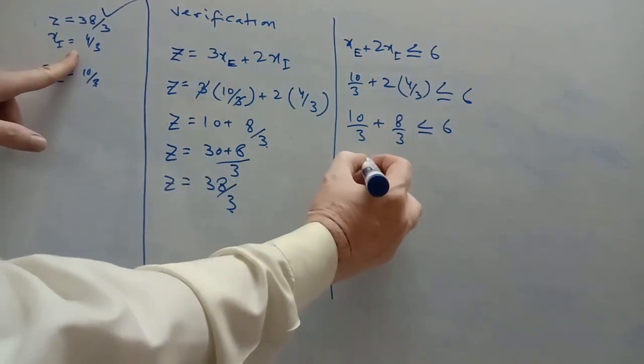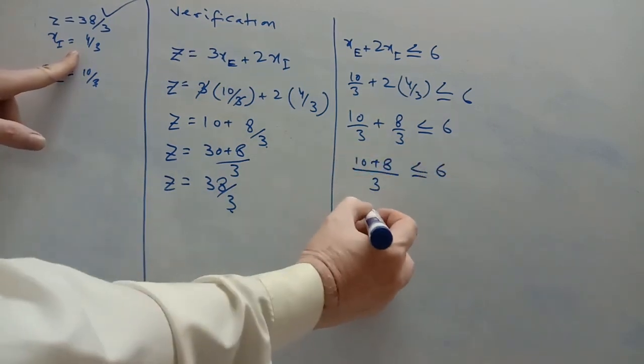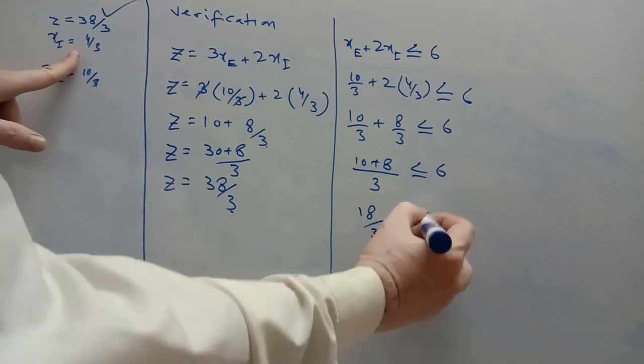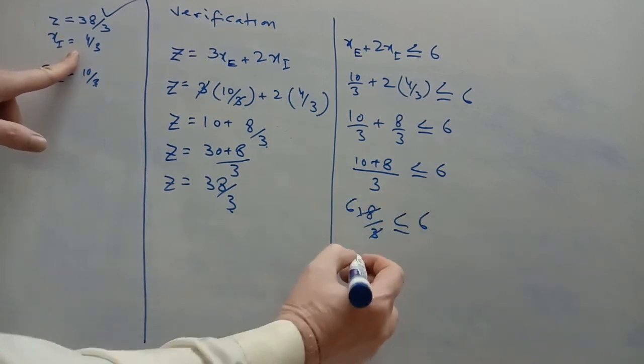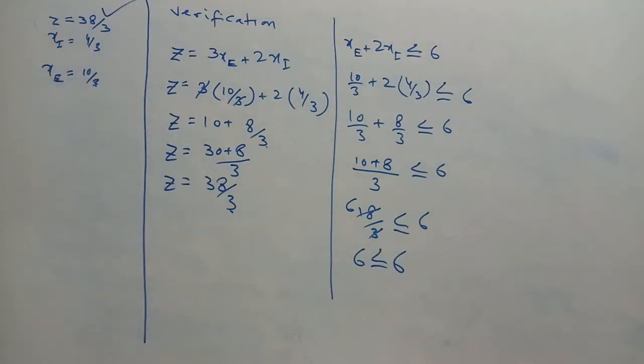It will be 10 plus 8, 18 over 3, is less than or equal to 6. 3 times 6 is 18, so 6 is less than or equal to 6. Constraint number 1 has been satisfied. Similarly, you will go for constraint number 2, constraint number 3, constraint number 4, and all will be satisfied.